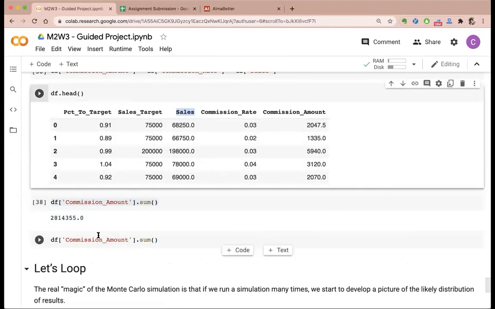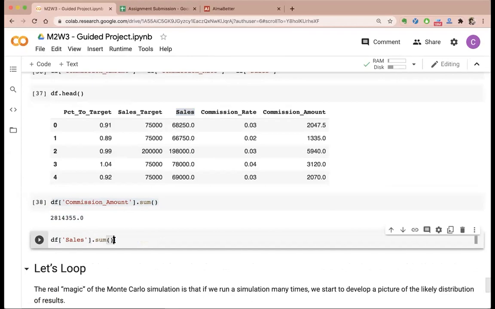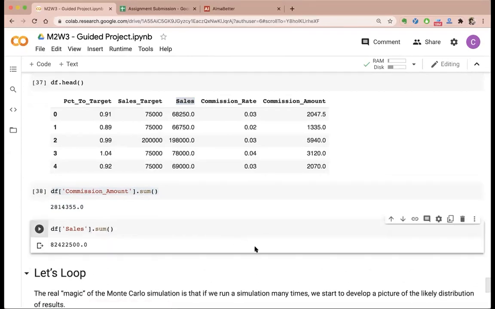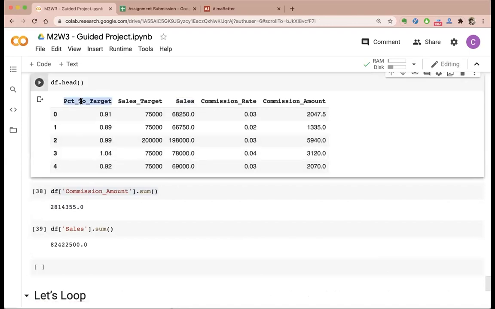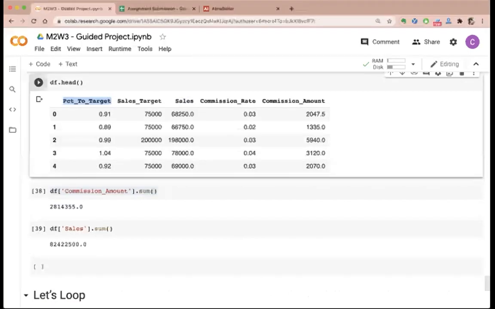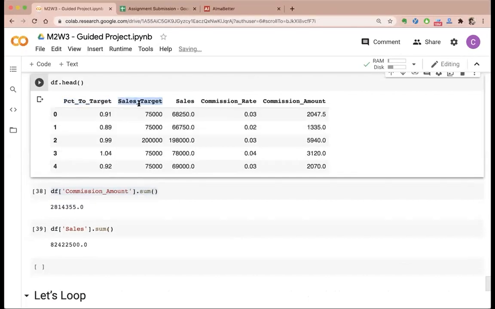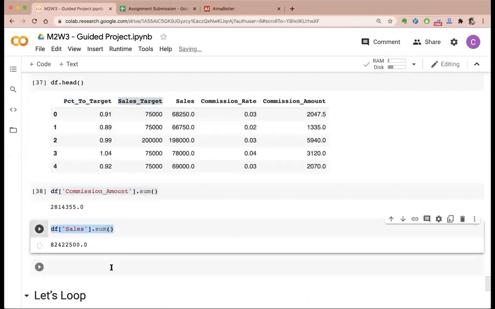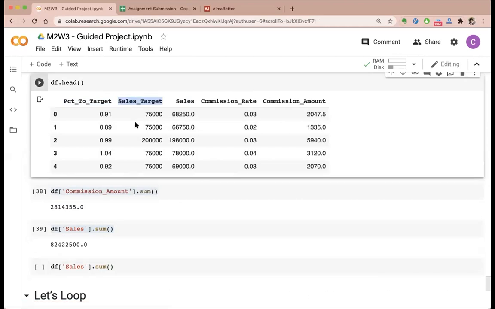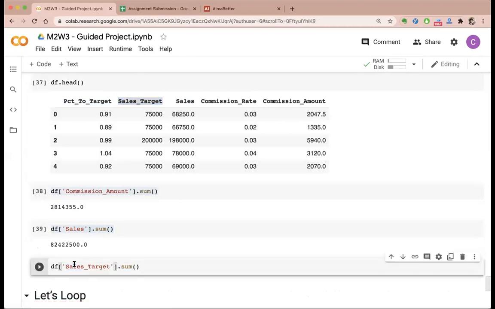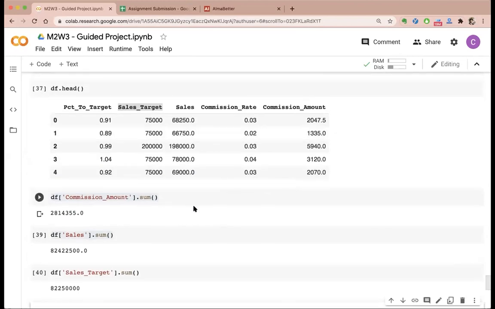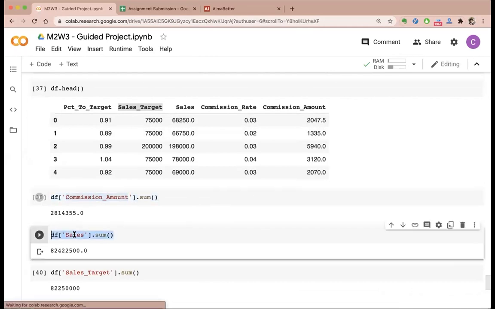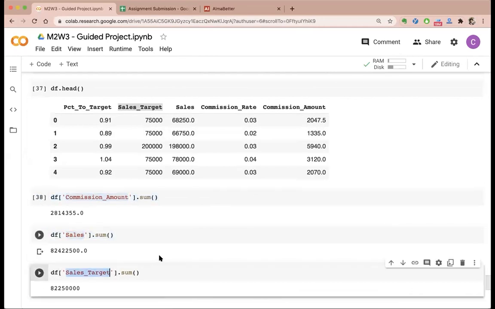What is the total sales that is happening next year? From this simulation you can calculate that as well. What is the total sales target that was given? This is also a simulated number, so you can calculate it. Run 1,000 such iterations and store these values, commission amount, sales, and sales target, in a data frame.